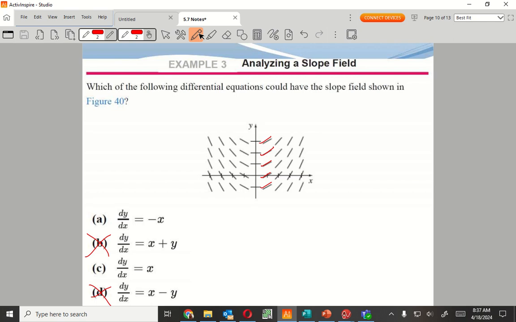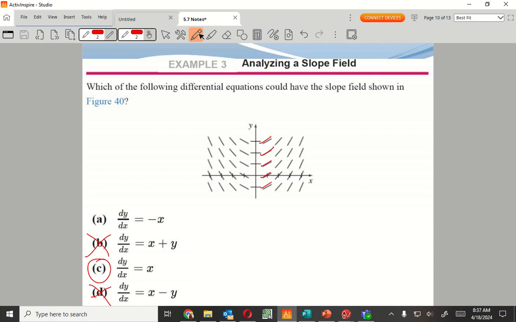So because of that, my answer has to be C. Is that pretty easy there? So it went from super complicated to not so bad. It's just a lot of lines.